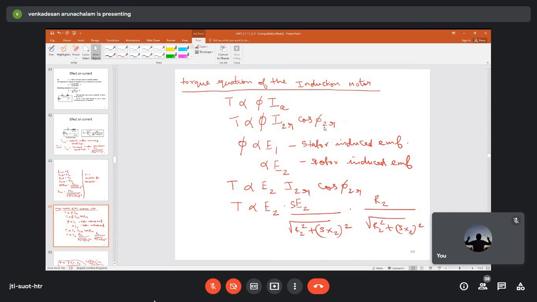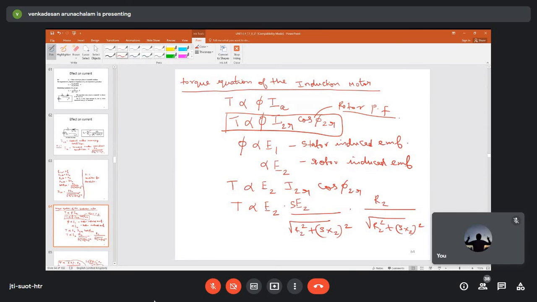So you multiply this by the power factor, that is cos phi 2R. So the torque equation of induction motor, simply I can write like this: torque is proportional to phi into I2R into cos phi 2R. This is the rotor power factor.